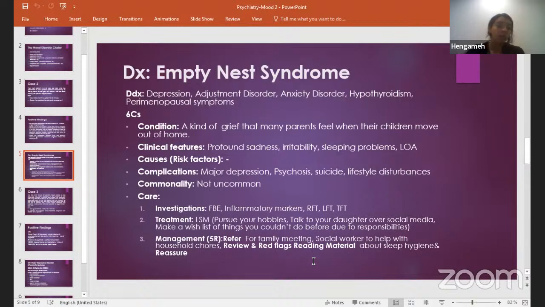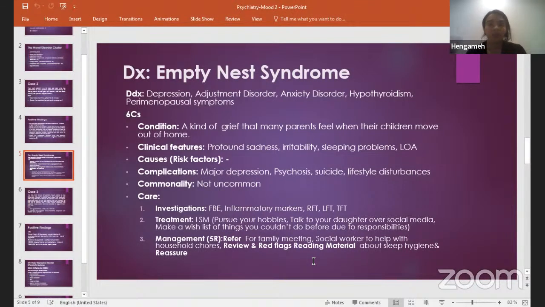Yes, I know this could also be a coping difficulty, going towards adjustment, but it's common sense when we are weighing in the factors from empty nest syndrome versus adjustment disorder. It's more in favor of empty nest syndrome, clearly.